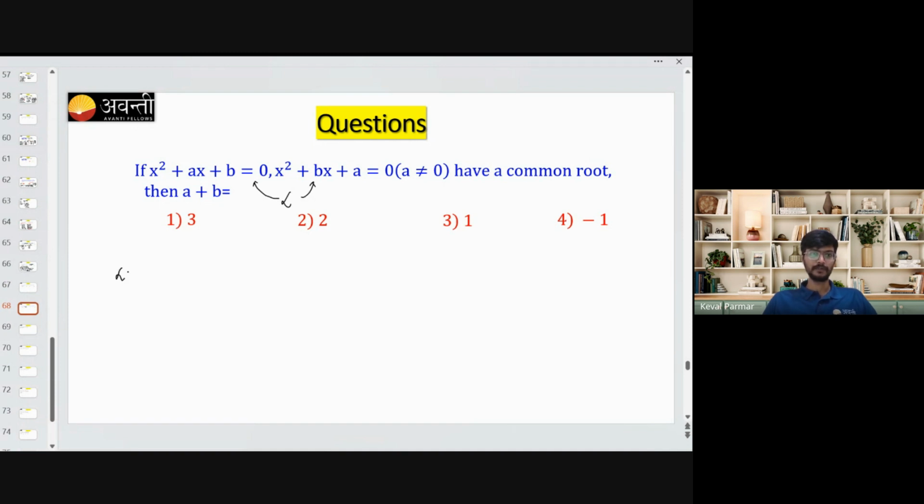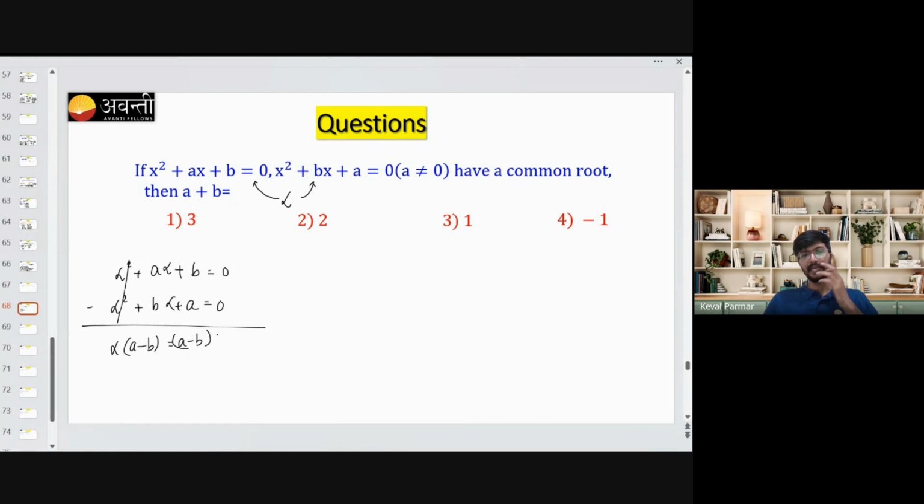So we'll get alpha square plus a alpha plus b equals to 0 and alpha square plus b alpha plus a equals to 0. On subtracting, we'll get alpha into a minus b equals a minus b.